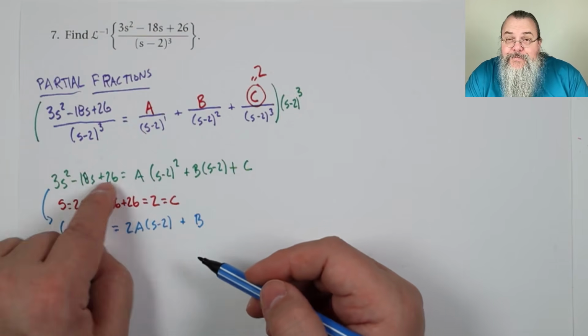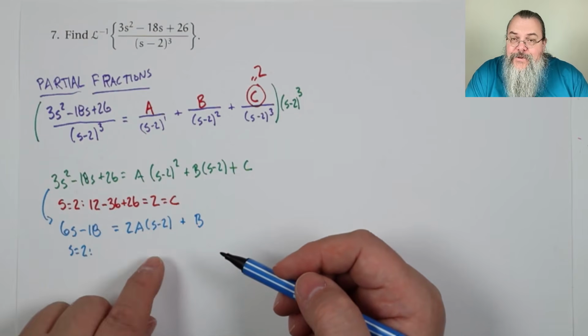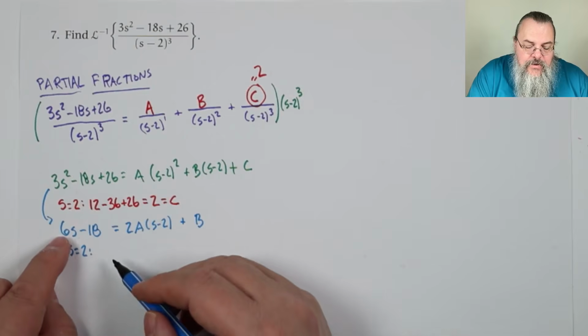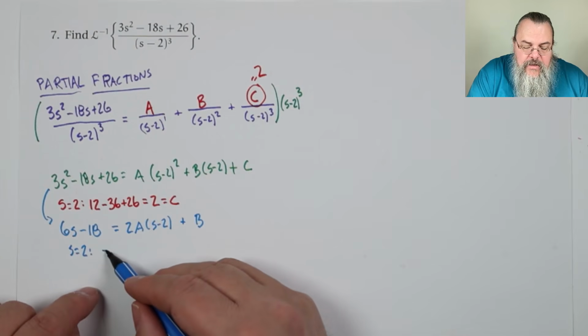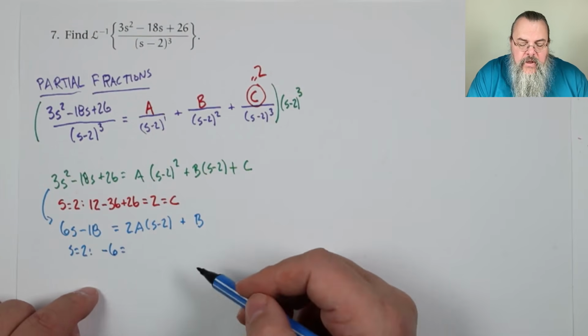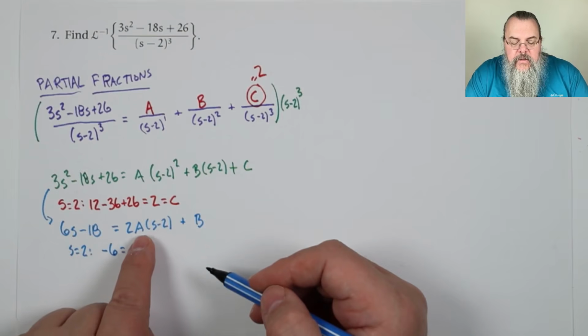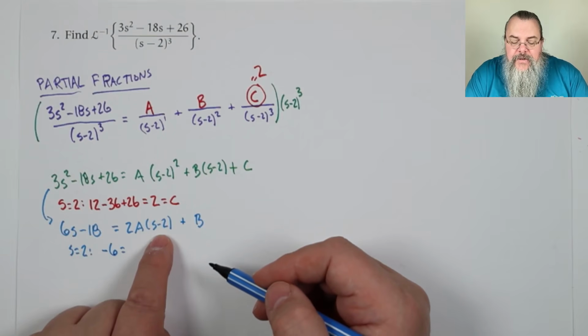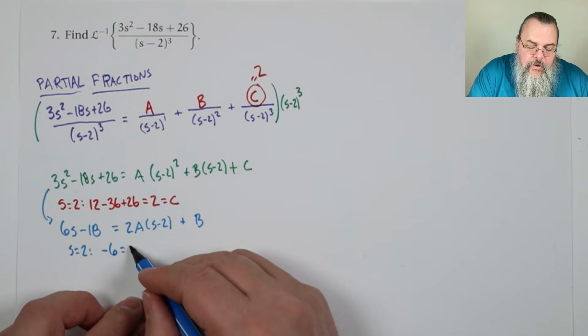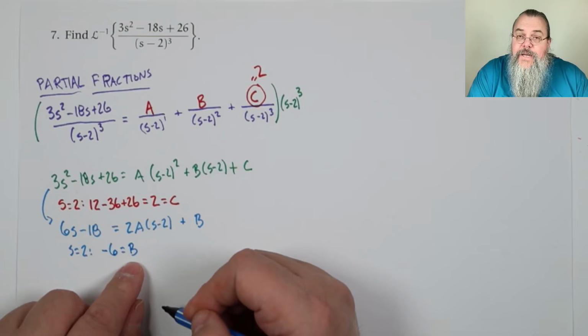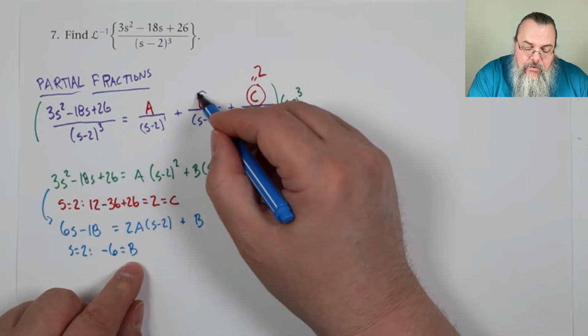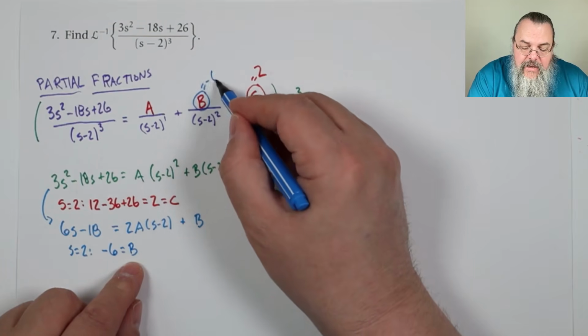Well, we plugged in 2 before the derivative. This is after the derivative. Here we'll get 12 minus 18 is negative 6. Here we're going to get 2a times 0, and here we'll get b. So what do we conclude? We conclude b is negative 6. Great, now we have b.